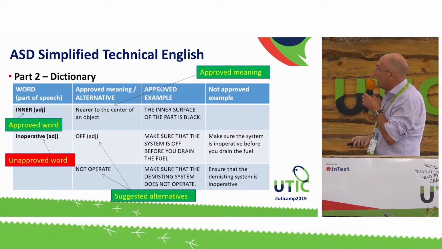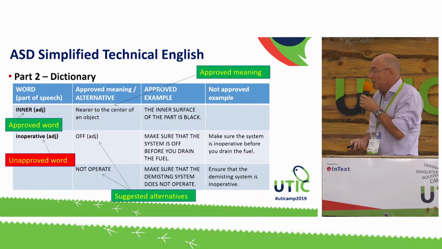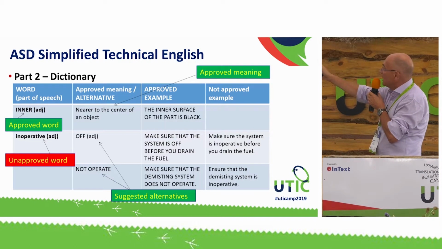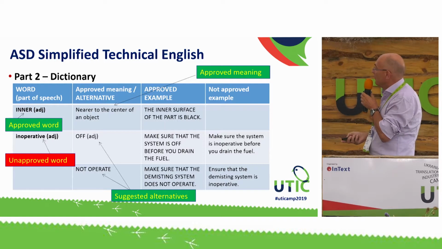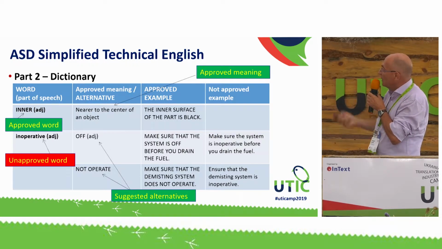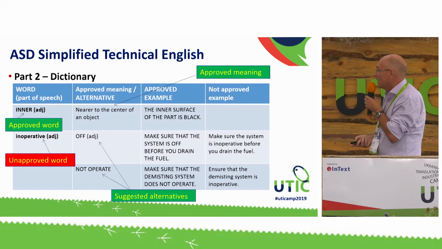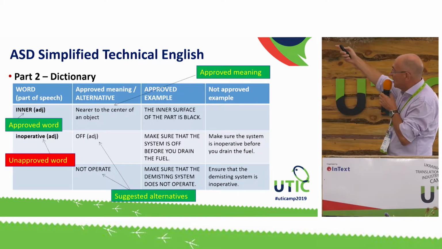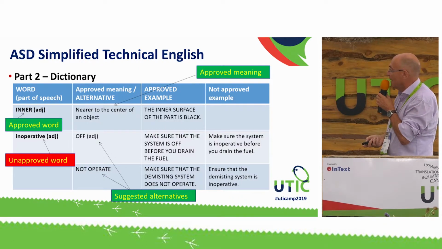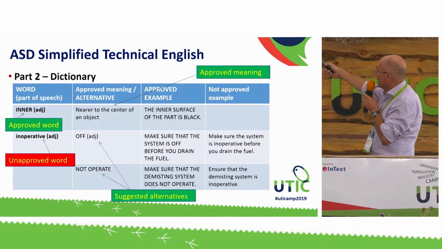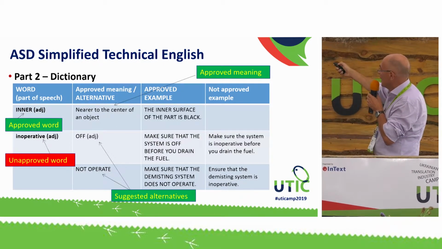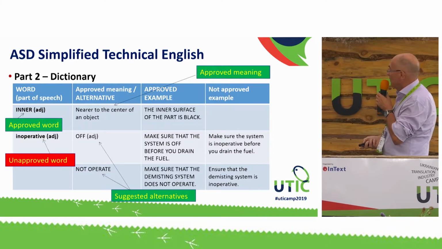When a word is in uppercase, it means that it is approved. In this case, we have the approved meaning, and then the approved example. When the word is in lowercase, it is unapproved, and the dictionary gives alternatives to be used instead of the unapproved word. And then there are the not approved example and the approved example.